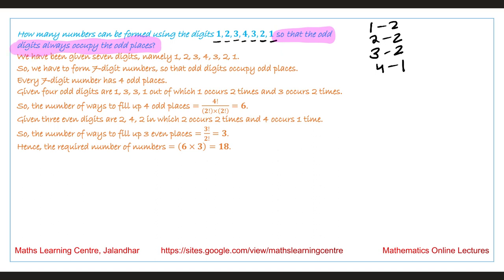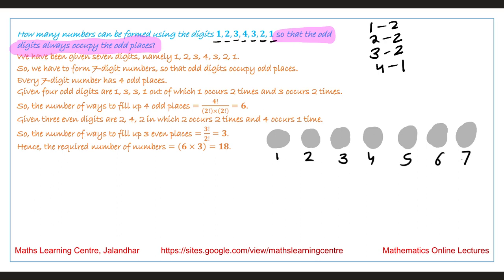So if we try to list the places over here, we have 1, 2, 3, 4, 5, 6 and 7 digits which are to be arranged, out of which this is the first position, second, third, fourth, fifth, sixth and seventh. It is given that the odd digits always occupy the odd places.